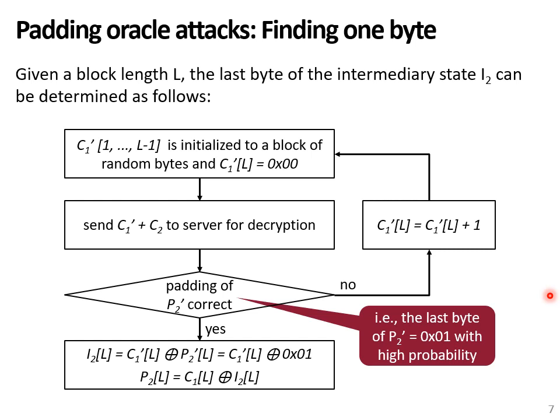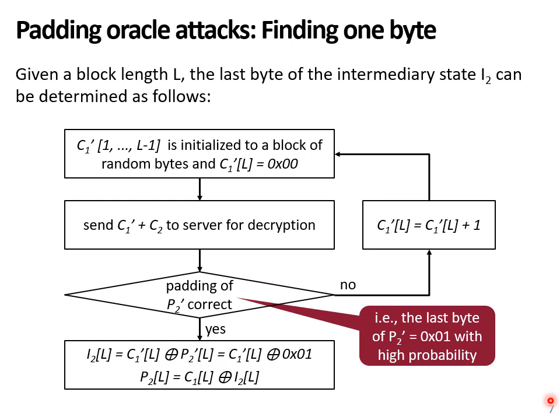P2- is 01. So from this, the last byte of the intermediary state of C2 can be derived. Namely, the last byte of the intermediary state of C2 is the last byte of C1- XORed with the last byte of P2-, which we know with high probability to be 01.